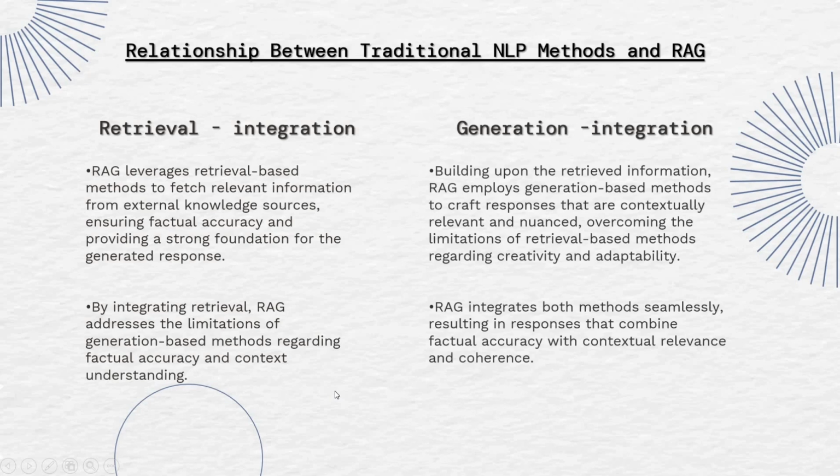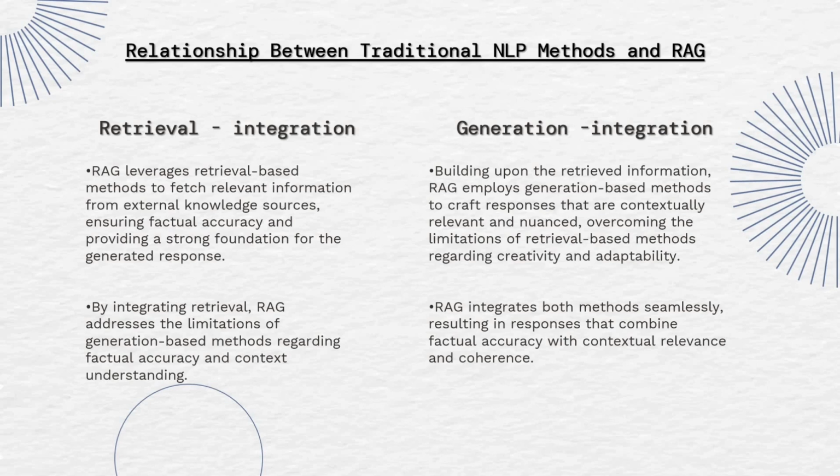Next, we discuss the generation integration. So after performing retrieval, when we have the relevant information, building upon the retrieved information, RAG employs generation-based methods to craft responses that are contextually relevant and nuanced, overcoming the limitations of retrieval-based methods regarding creativity and adaptability. So again here, we are discussing how generation-based methods cover up the limitations of the retrieval-based methods.